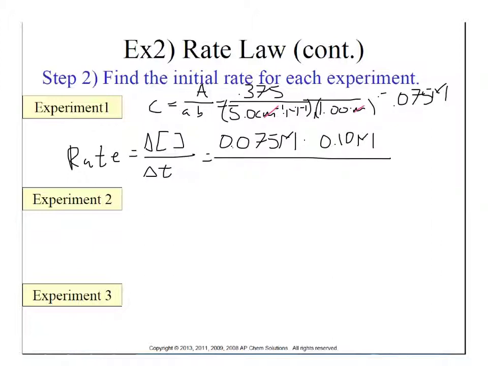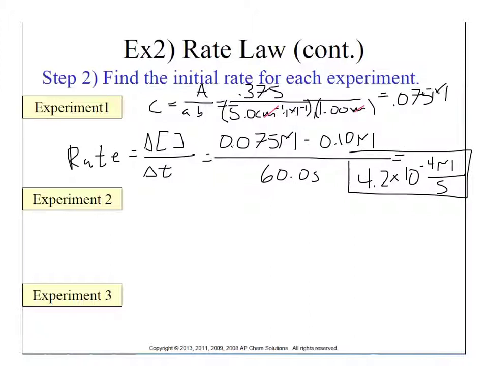And that's divided by time. If we look on the graph, it goes for 60 seconds. So we'll divide it by 60 seconds. And that tells us the initial rate for experiment 1 is 4.2 times 10 to the negative 4th molar per second.